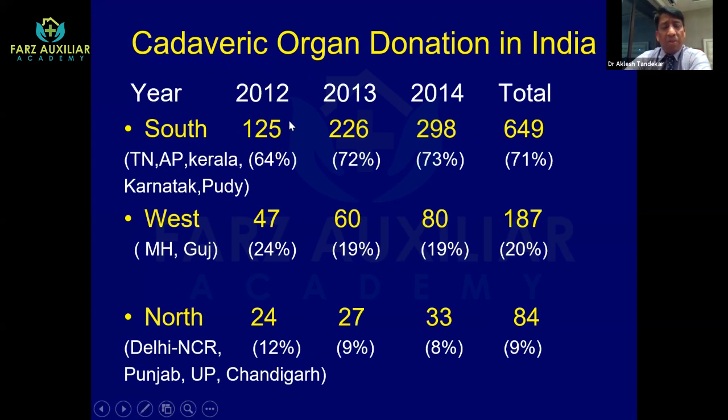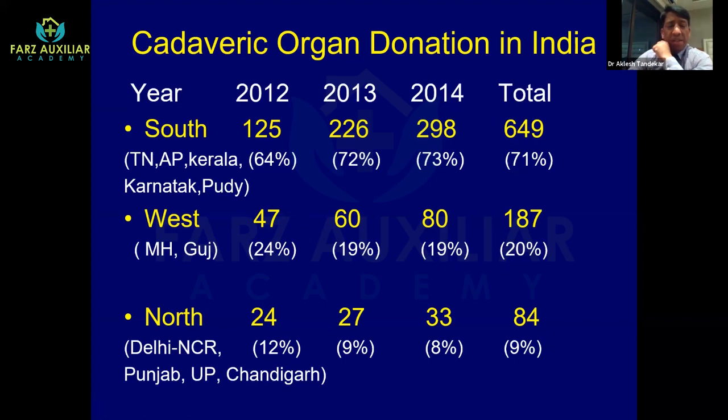These people have more awareness about organ donations, and maximum organ donations are happening from the south of the Indian continent. Next is Maharashtra and Gujarat, where the organ donations were around 47 in 2012, and now it has increased, and almost 80 transplantations have happened as far as cadaveric organ donations are concerned.